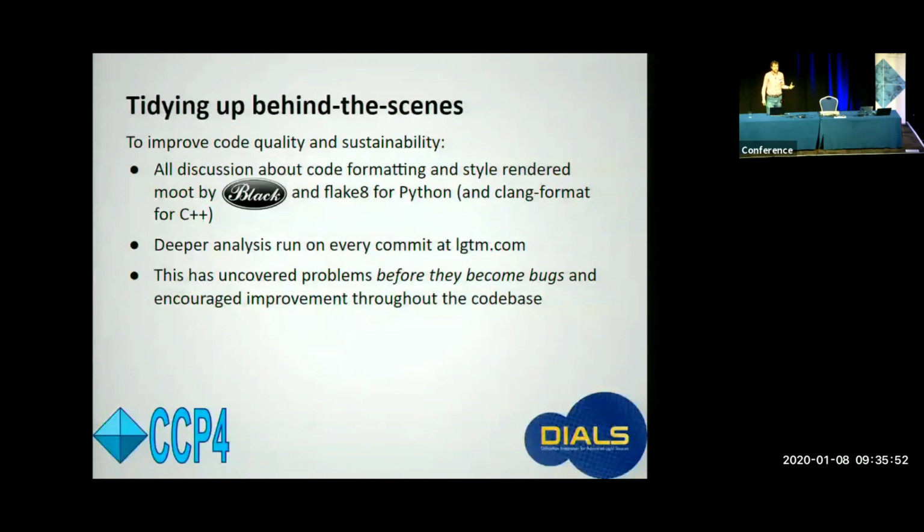And this is very useful because it discovers issues that could be bugs. Maybe further development would take something that was a bit confusing and turn it into a bug because it wasn't so well written in the first place. So doing this analysis and identifying these things early means that the code is more robust and you don't get as many bugs.